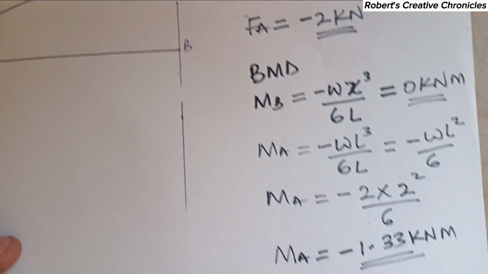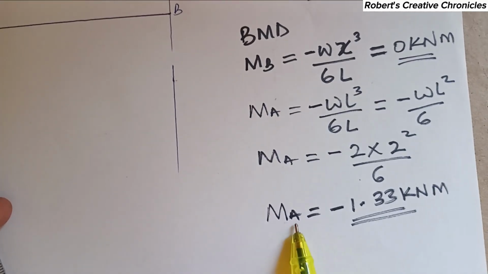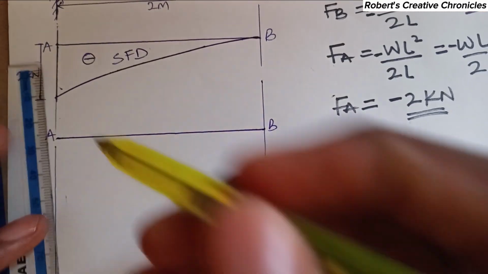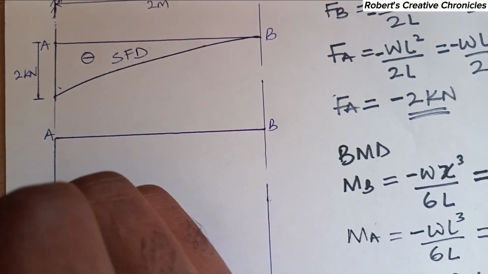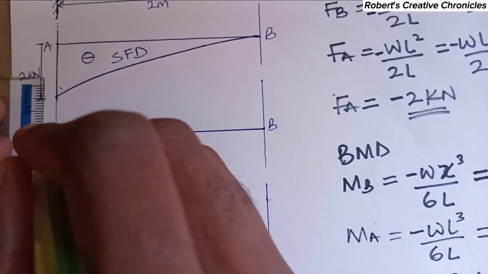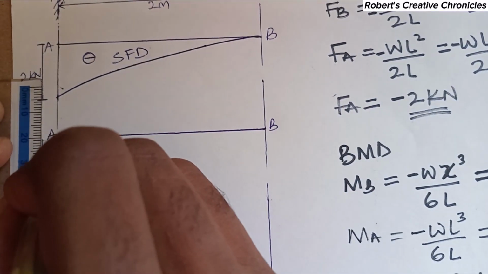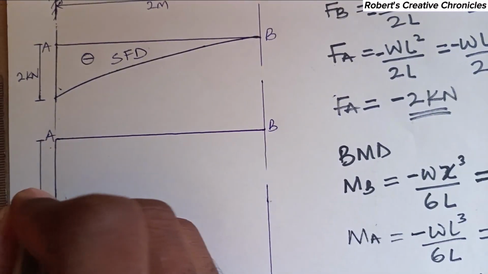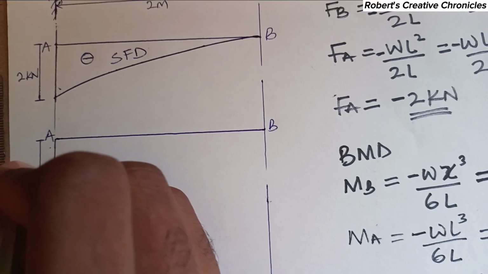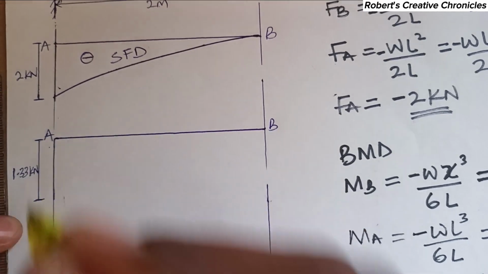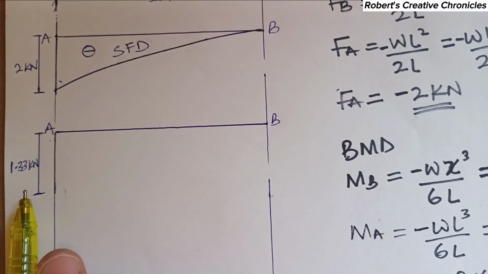Then our maximum bending moment, that is our bending moment at A, is 1.33. So we'll draw a line in the same way to represent 1.33, and we will write 1.33 here. This represents 1.33 kilonewton.